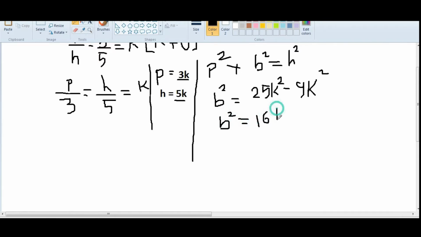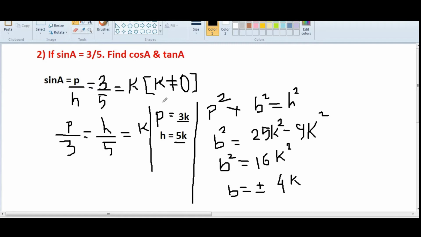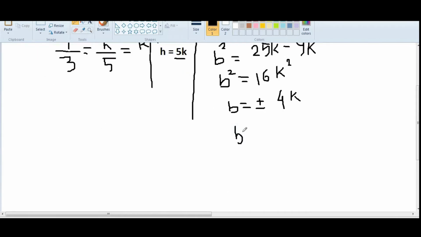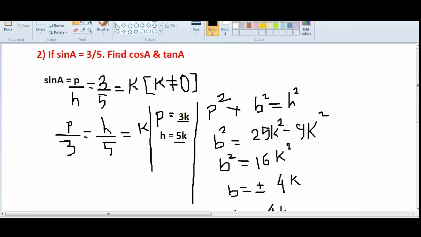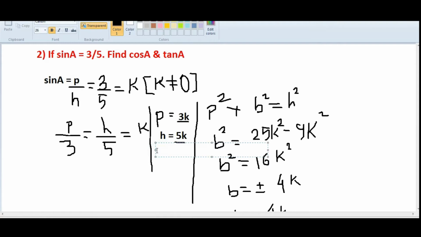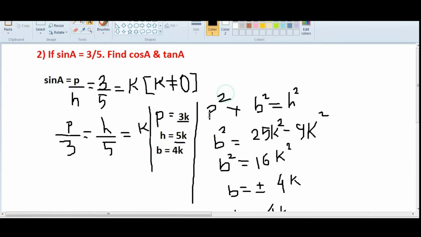But we don't need the value of B square, we need the value of only B. So it will be plus minus 4K. But since length can't be negative, we'll only take the positive value. So we have got perpendicular, base and hypotenuse, and now base is equal to 4K.